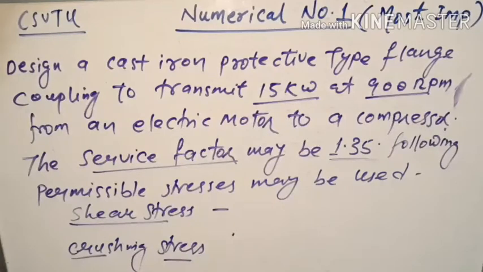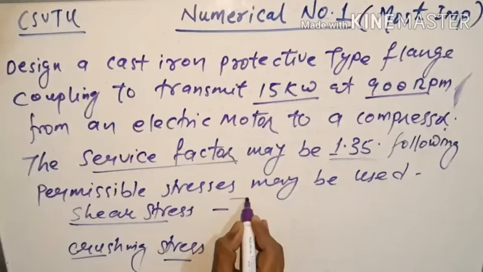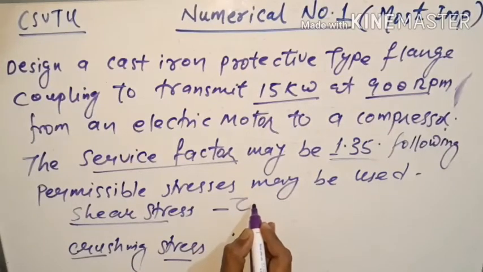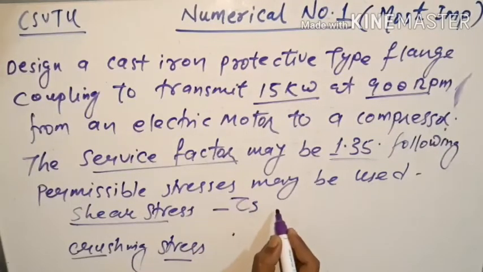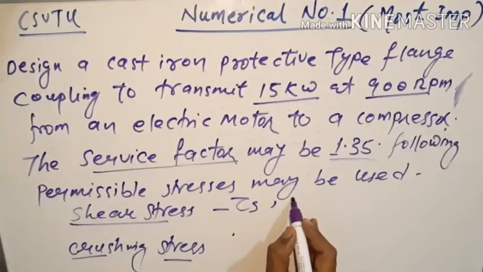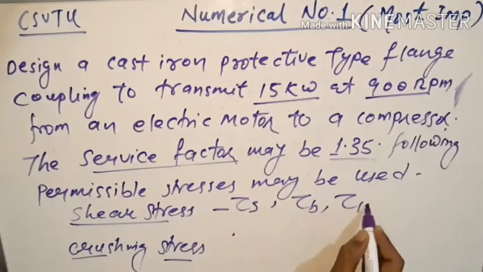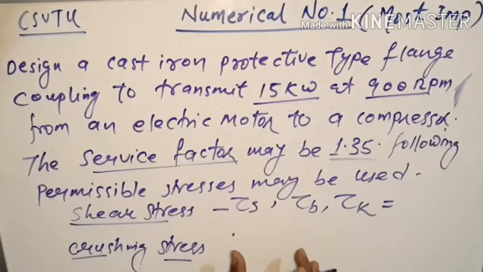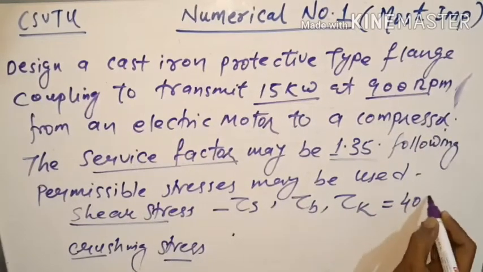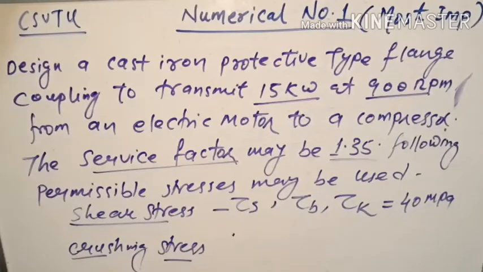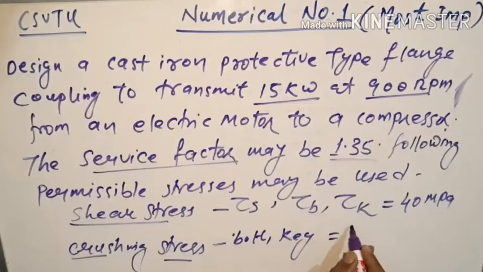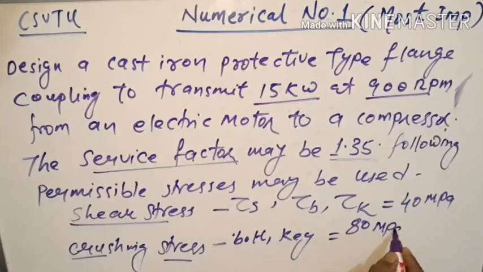This is the shear stress for shaft, bolt and key. Shear stress for shaft is tau s, for bolt is tau b, and for key is tau k, all equal, about 40 megapascal. The crushing stress for bolt and key, remember, is about 80 megapascal.